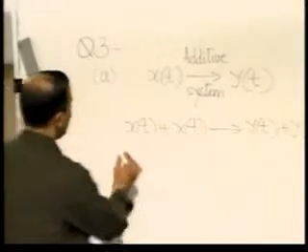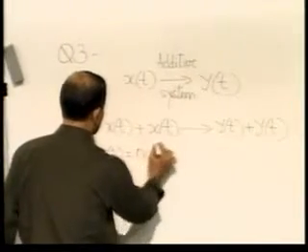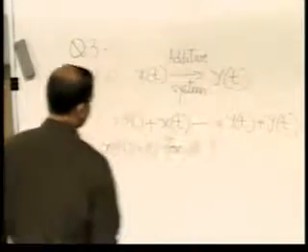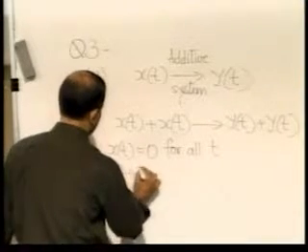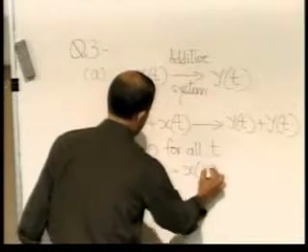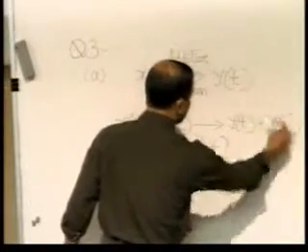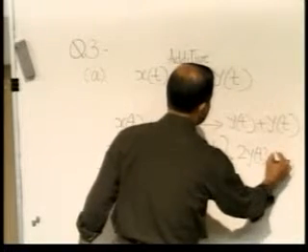But if x(t) is the all 0 input, then x(t) plus x(t) is equal to x(t). Which means the corresponding output y(t) plus y(t) or 2y(t) must be equal to y(t) for all t.